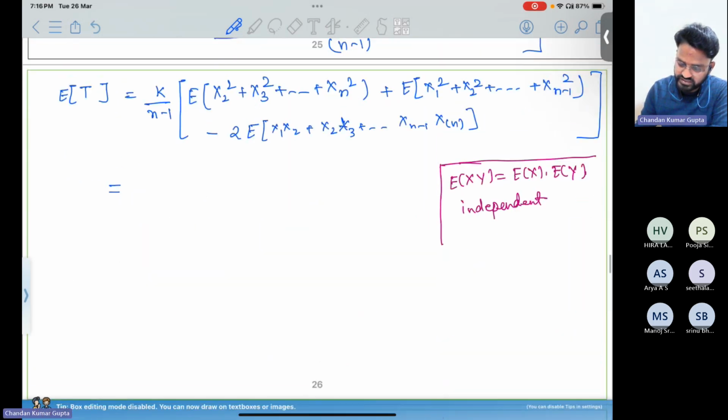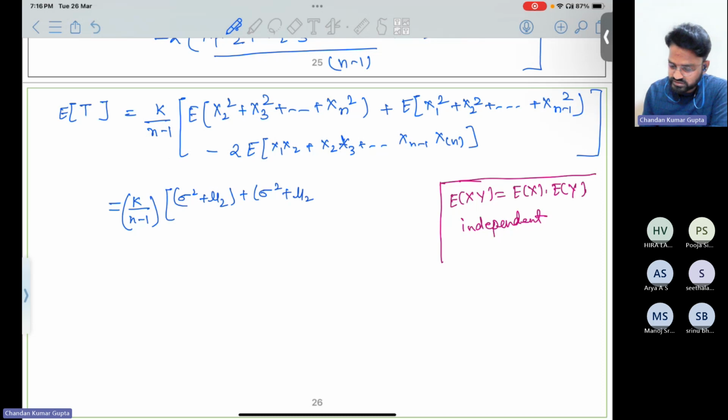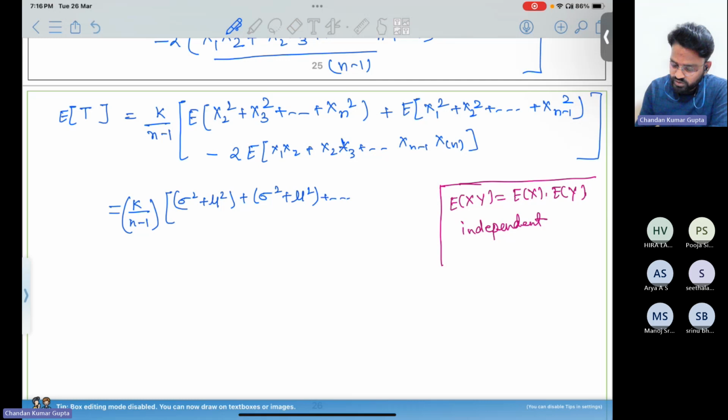because it is identical as well. So that means k upon n minus 1. It is sigma square plus mu square for the first. The second one is also sigma square plus mu square, up to n minus 1 times.